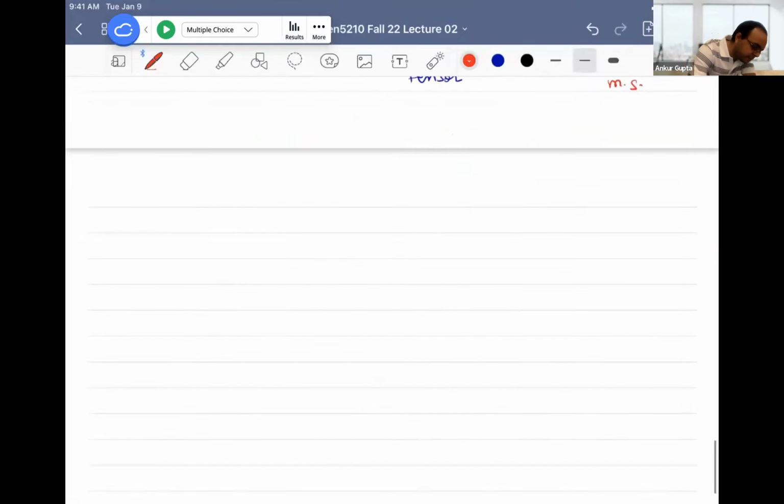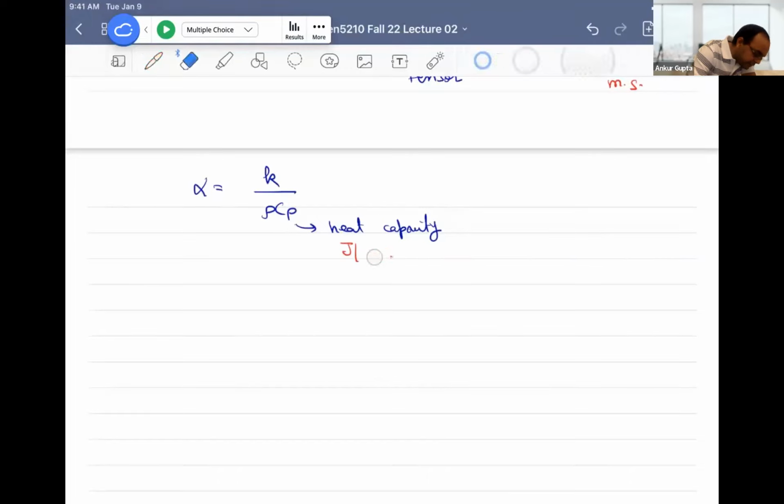I'll just define them now. Thermal diffusivity is alpha = k over rho Cp. The Cp is the heat capacity, with units of joule per kg Kelvin.